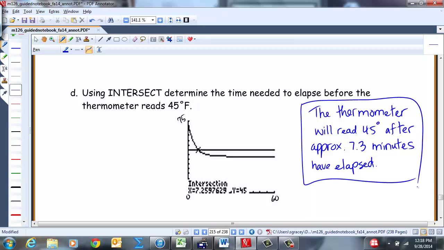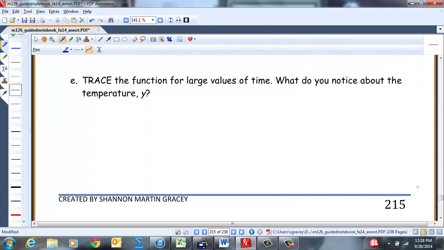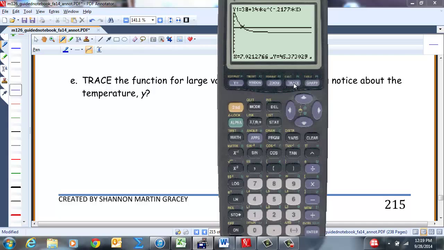Okay. And lastly, trace the function for large values of time. What do we notice about the temperature? So let's go to trace. And to get to large values of time, we cursor to the right. So what are you noticing?